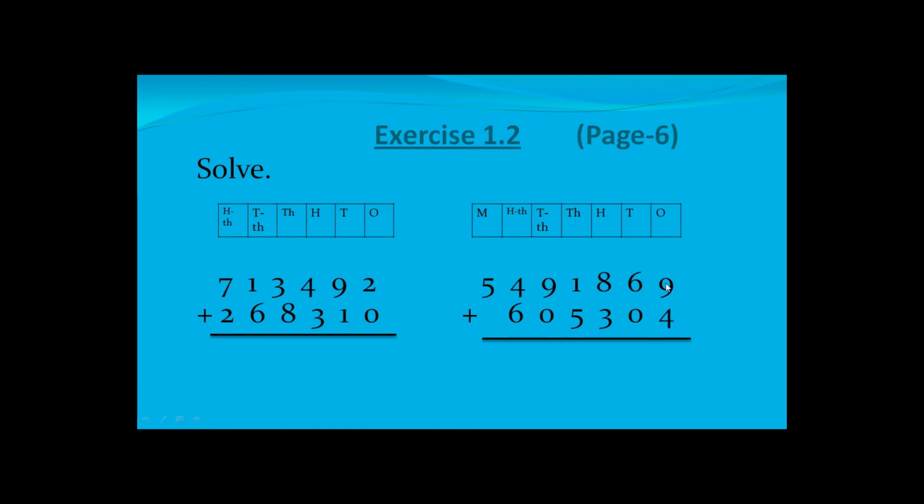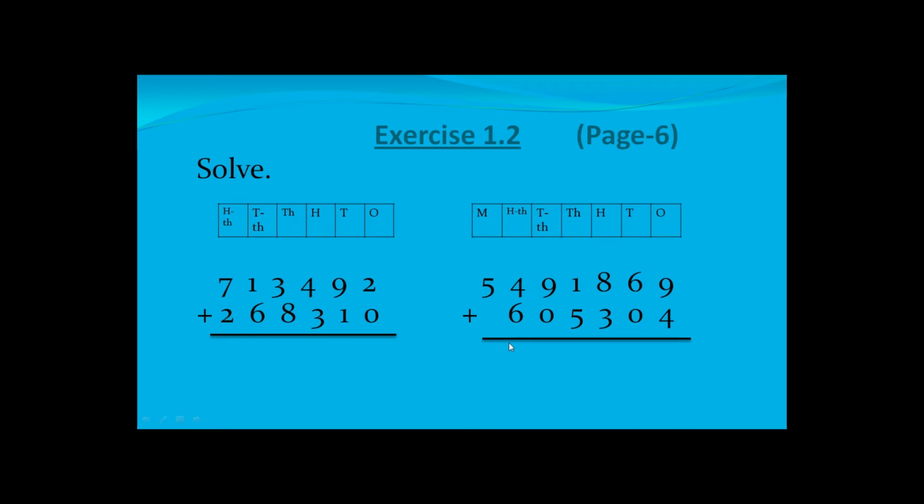So as you can see, 9 was the ones place value, so you have to write 4 below the 9 because 4 is also ones place value. Then below 6 there will be 0, then below 8 there will be 3, below 1 there will be 5, below 9 there will be 0, below 4 there will be 6. So you always have to write the numbers correctly according to their place values.